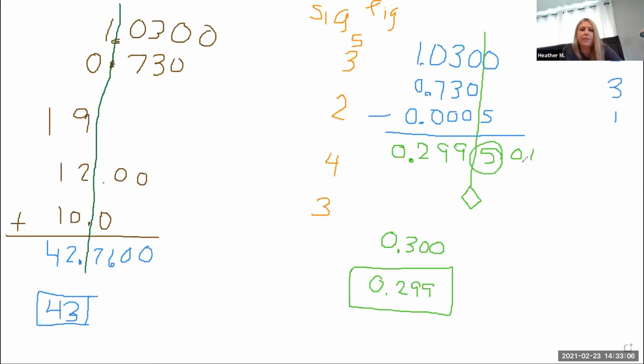So it's any number thereafter that 5 that makes it considered higher or lower, not just the number to the right of that 5.